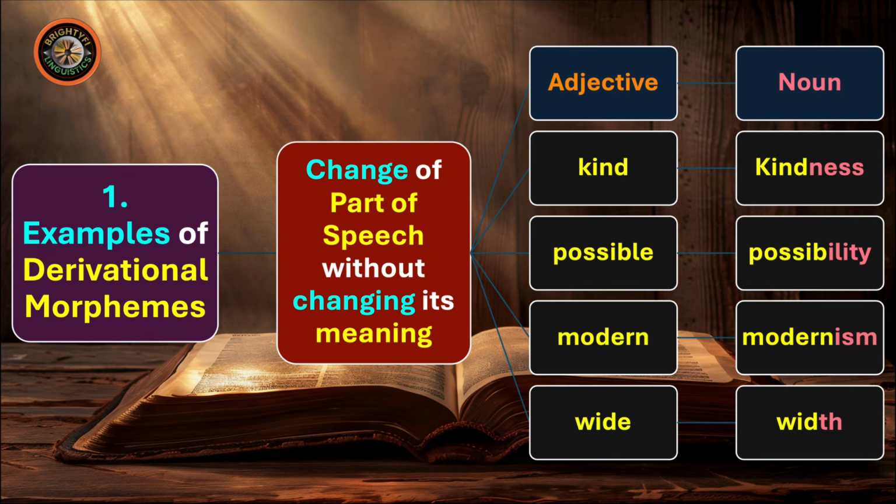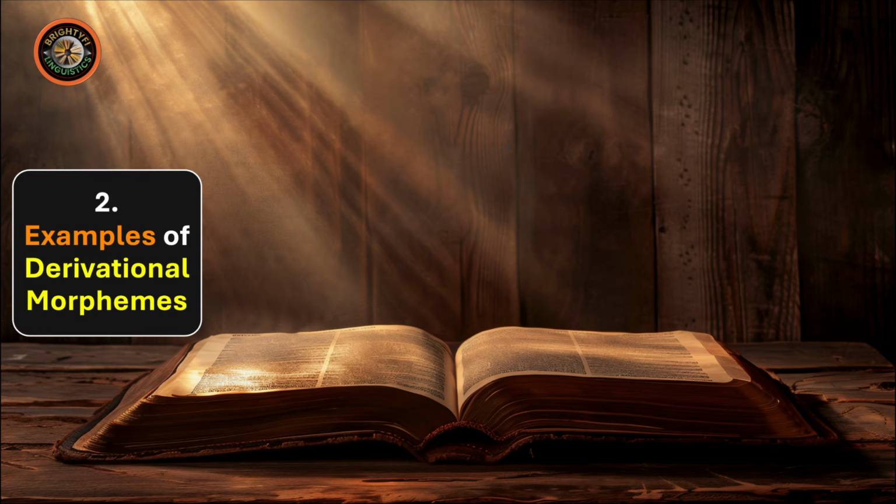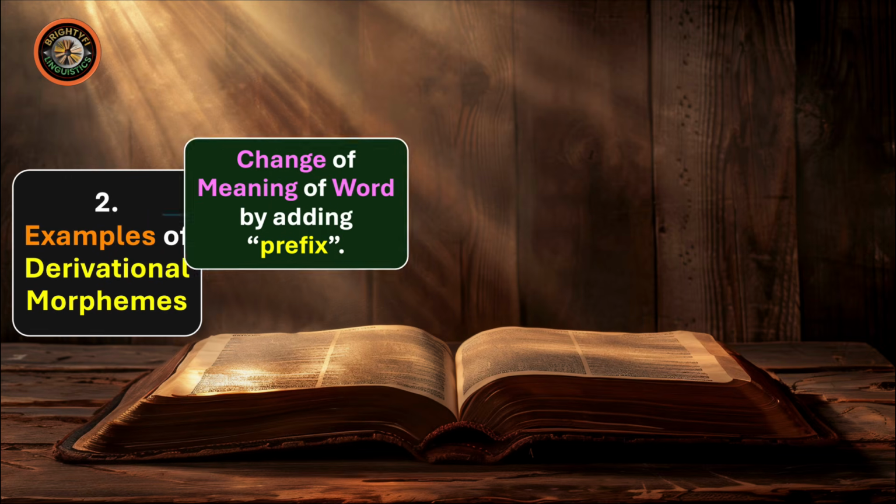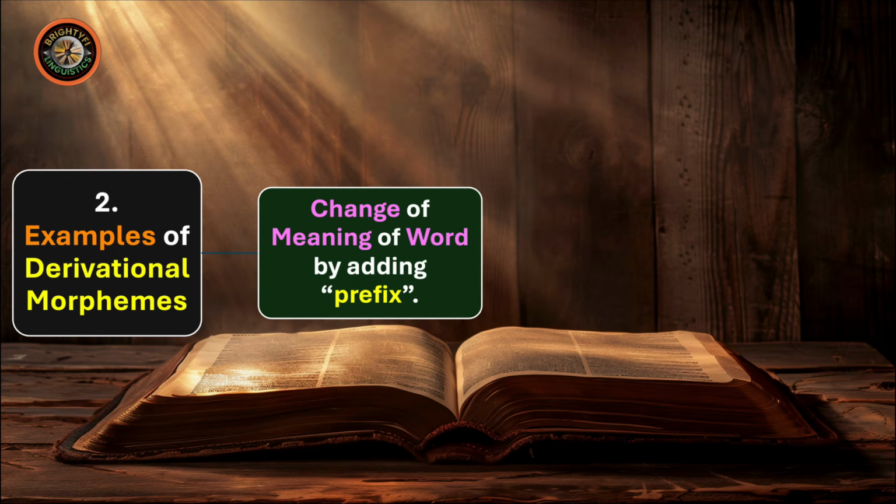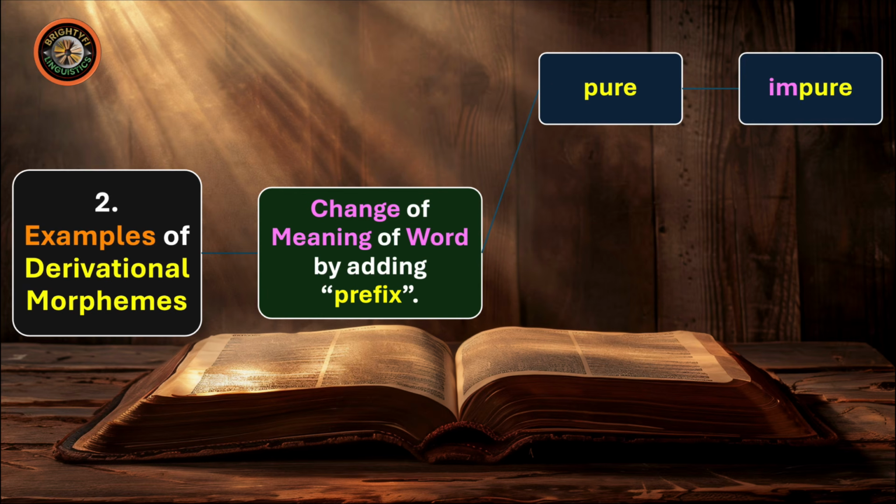Now we move on to the second examples of derivational morphemes. What's that? Change of meaning of a word by adding a prefix. We have the word pure, it's an adjective, but when we add the prefix im, it becomes impure. So here we notice that we don't change the part of speech.